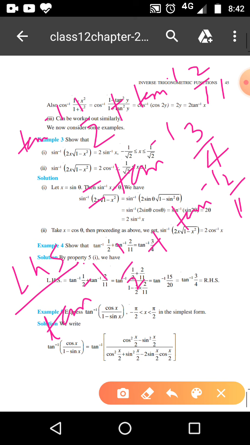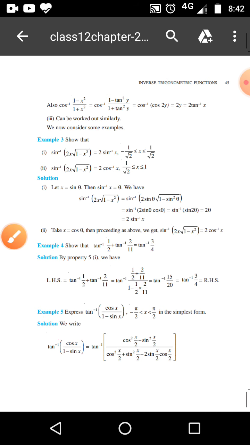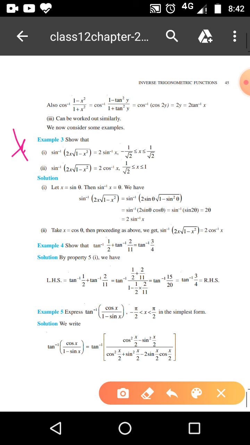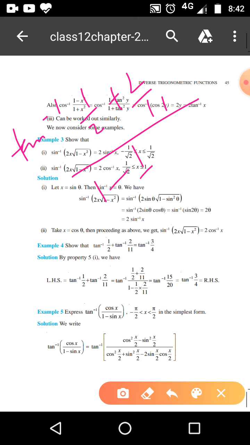We already taught you the property: tan inverse x plus tan inverse y is tan inverse of x plus y upon 1 minus xy. So let us use the formula. Tan inverse of 1 by 2 plus 2 by 11 divided by 1 minus 1 by 2 into 2 by 11.